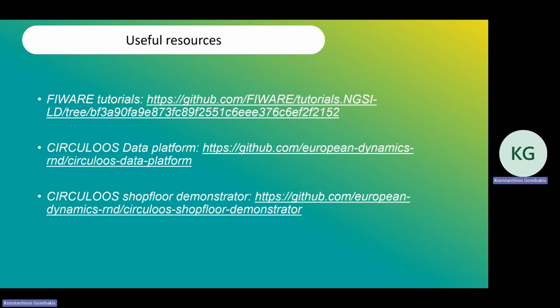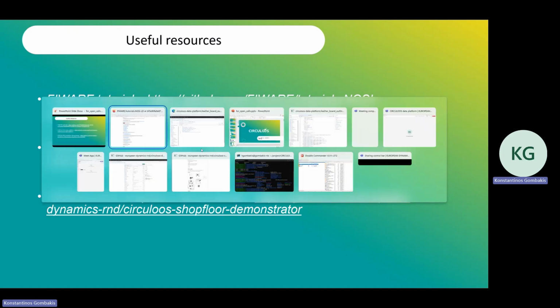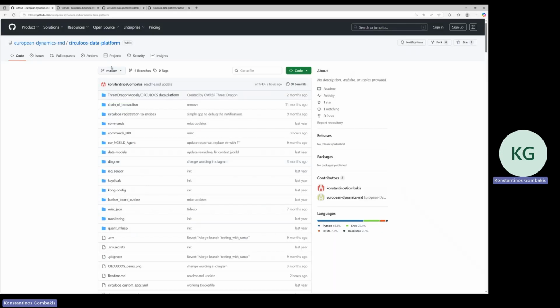And as I promised, we have the shop floor demonstration. So with this one, you can go there and see. So here is the GitHub account of this platform. You can create an issue in order for us to see, check and help you.